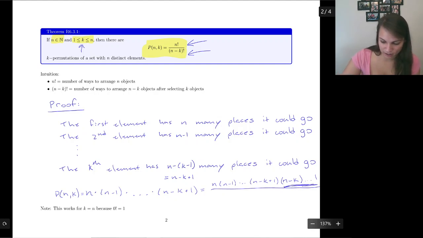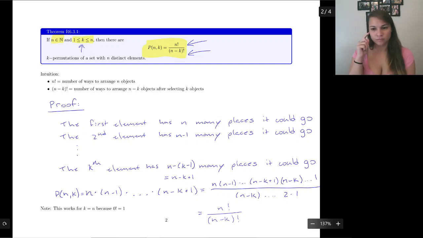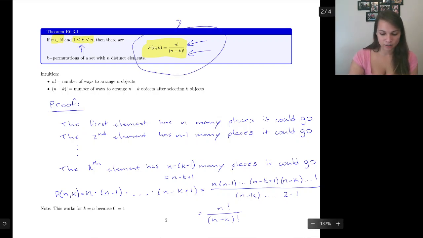But I have all these guys that I didn't have before, so we're going to divide by those guys. So like that. So then now we have n minus k factorial on the bottom. So that's n factorial over n minus k factorial. And that is exactly the formula that we got up here.